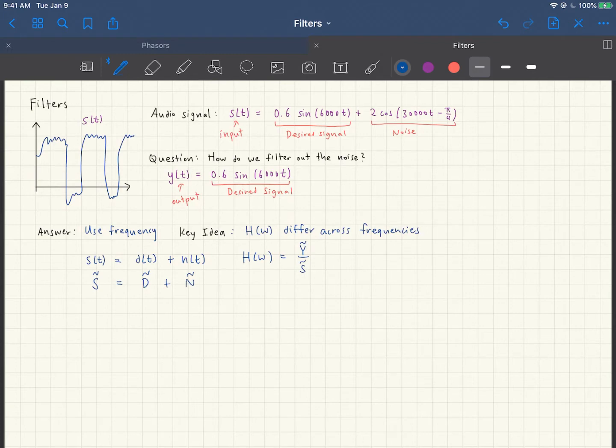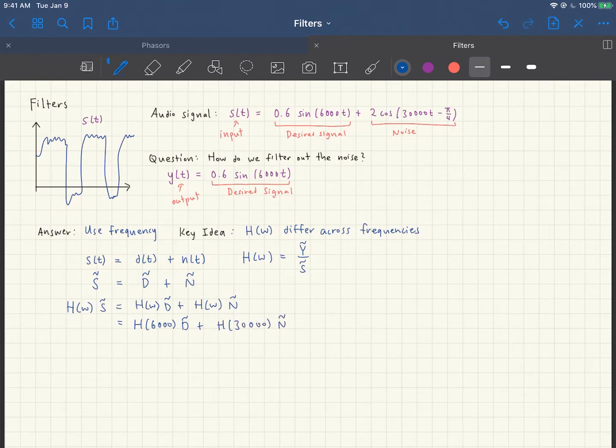So then, if I multiply both sides by h of omega, the transfer function is now going to pick out the frequencies. So because d, our original signal, has a frequency of 6000, this is going to be h of 6000 times d tilde plus h of 30,000 times n tilde.